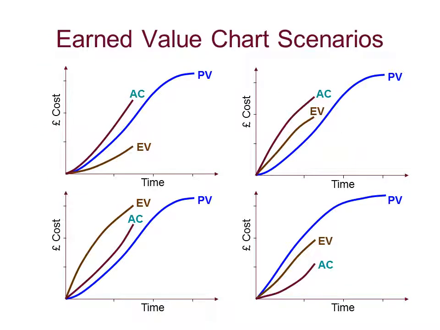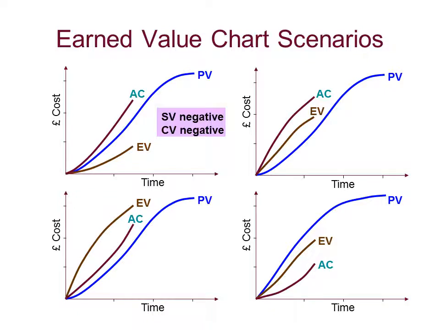So let's go through some examples. You can see diagrammatically that we have plan value. The plan value is the same right through these. I think the last one's not, but for the first three examples the plan value is the same. The last one is slightly different to demonstrate what's going on. And we have actual cost and earned value either side of this line.